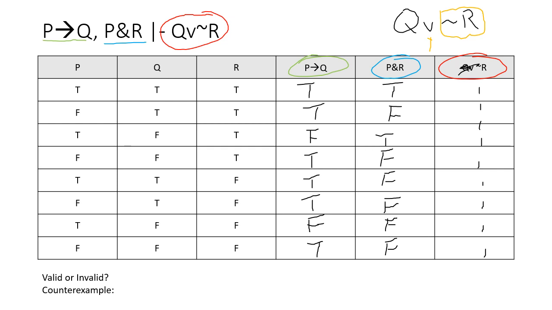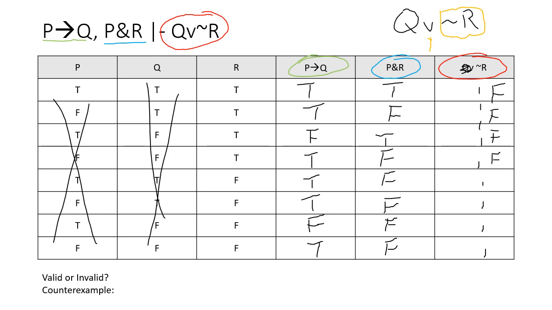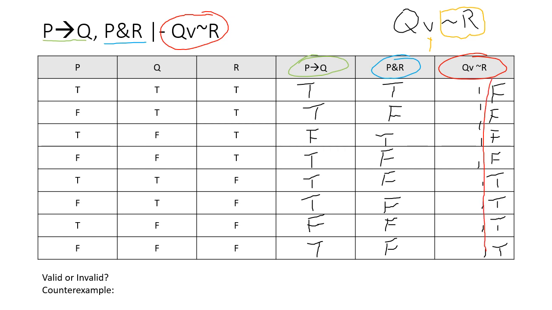So ignoring the wedge for a second, just focusing on the tilde R, the T's will turn into F's, and the F's will turn into T's. And then we can do the wedge, so this is our right side.